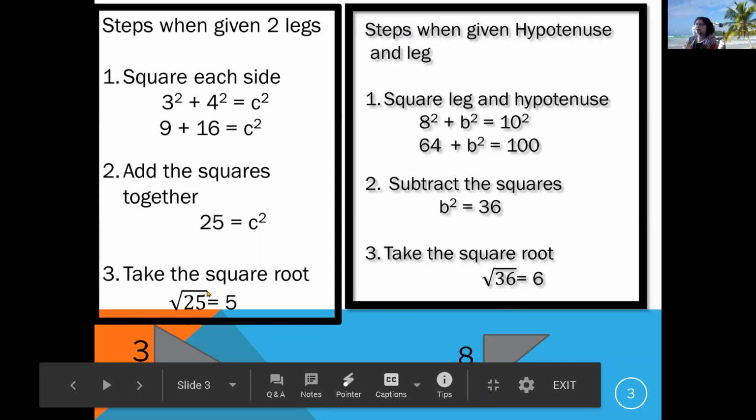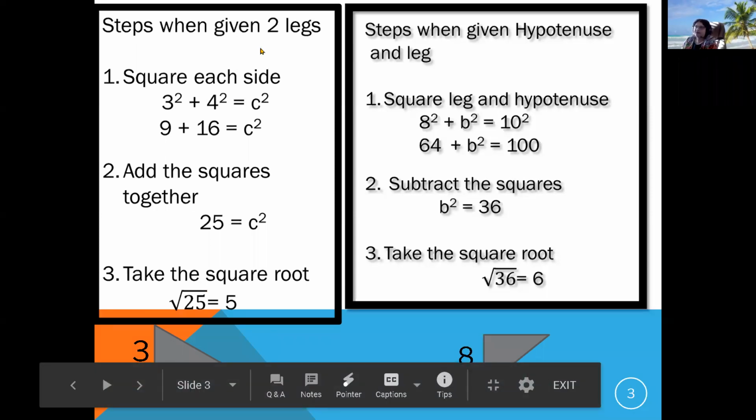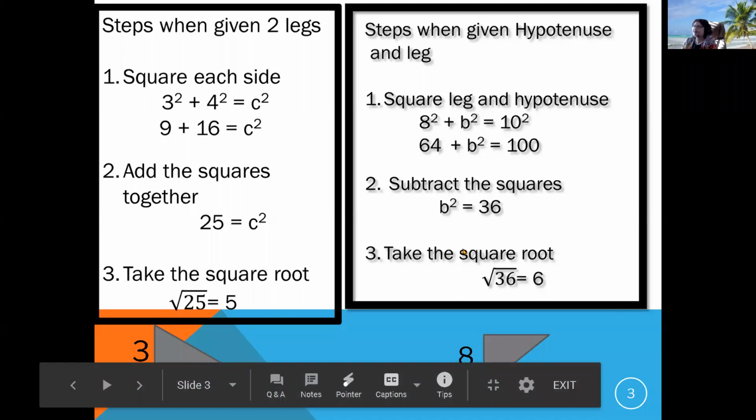When I'm given the legs, the two shorter sides, you add them together after you square them. So when I say you're given the two legs, you're given the two sides that make the right angle. Then over here, you're given the hypotenuse, and you do that one a little differently.